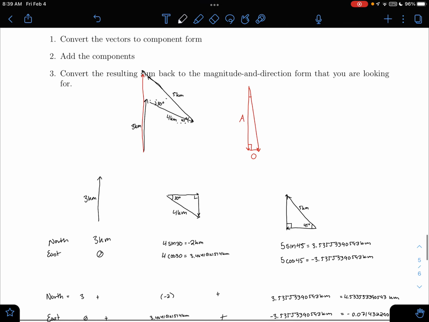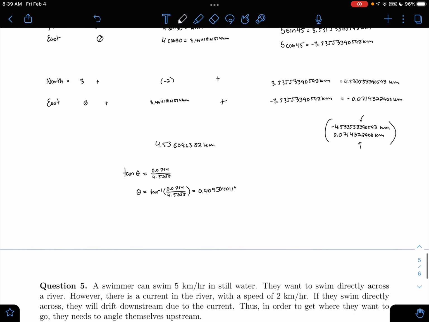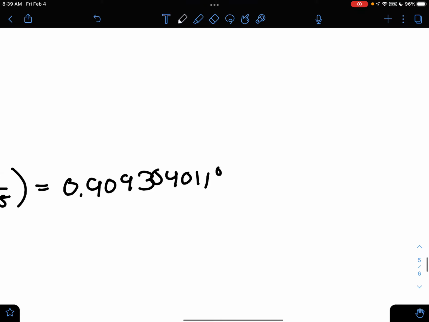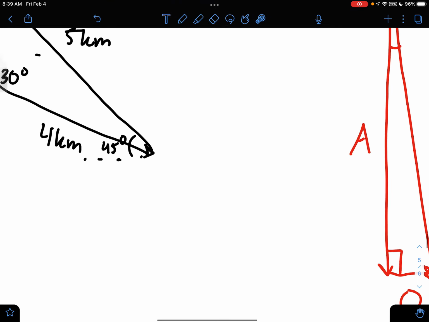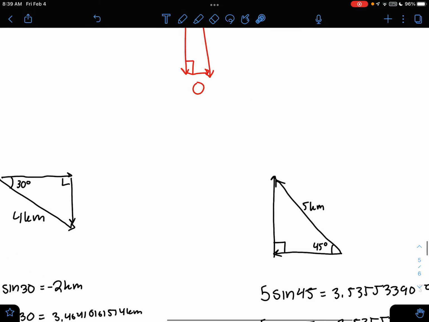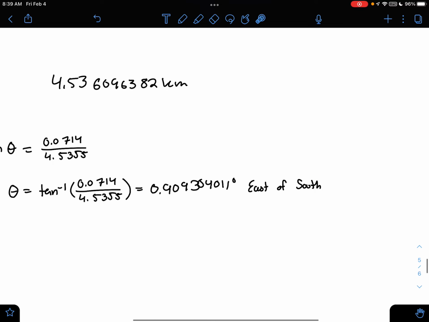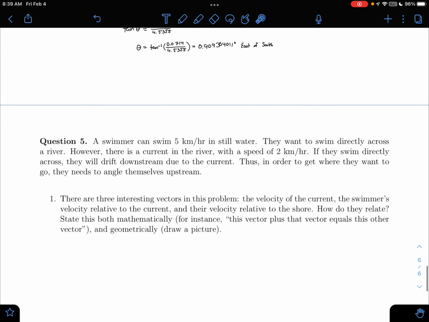And that's going to be east of south, right? Because we're going to be facing south, and then we're going to go a very tiny angle towards the east. So here's our answer. There's our magnitude, there's our direction, all good.